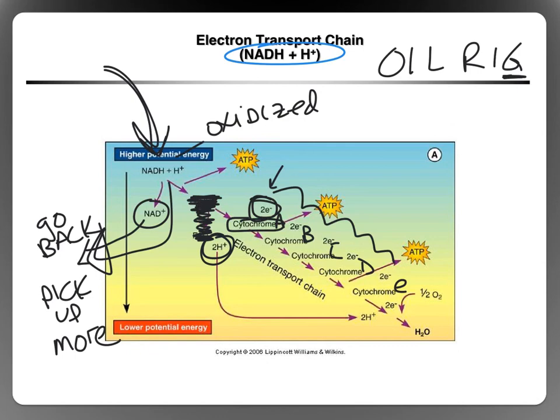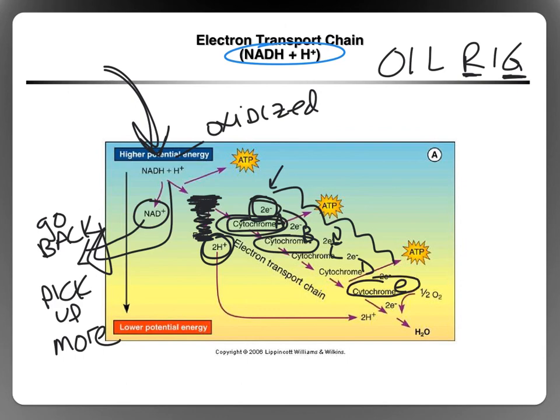So cytochrome A gets reduced and then passes the electrons on to cytochrome B. Cytochrome B gets reduced, and then A gets oxidized. B sends it off to C, and now B is oxidized, C is reduced, etc. So you're going to go on down the line until the electrons end up at cytochrome E.